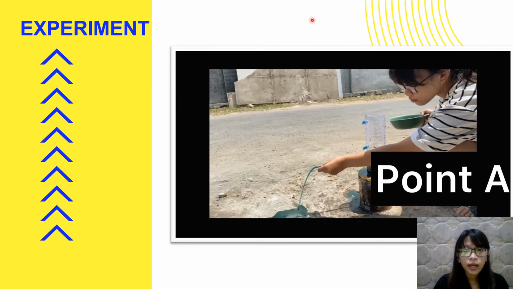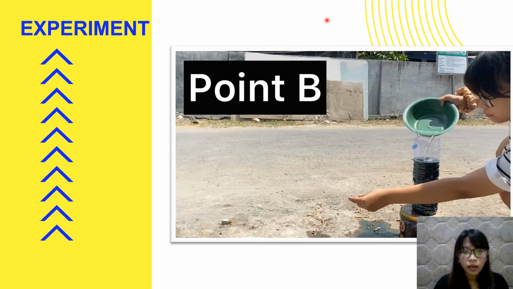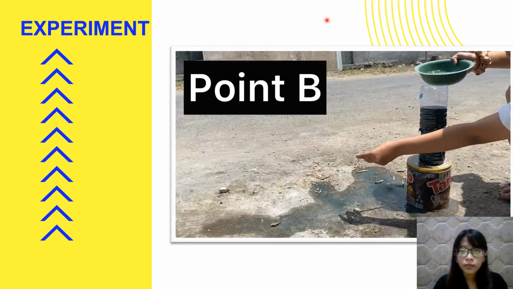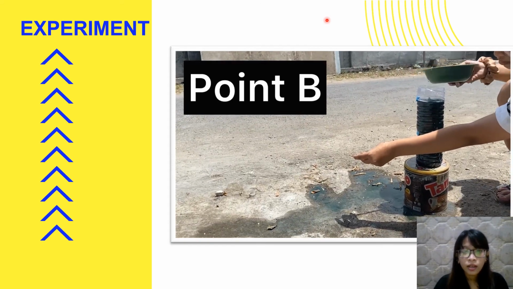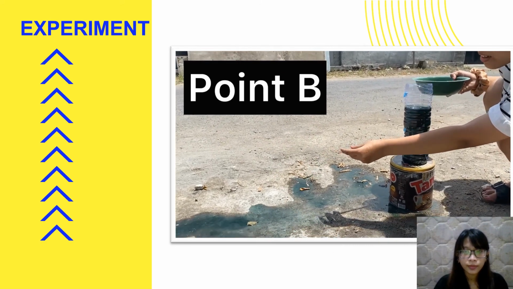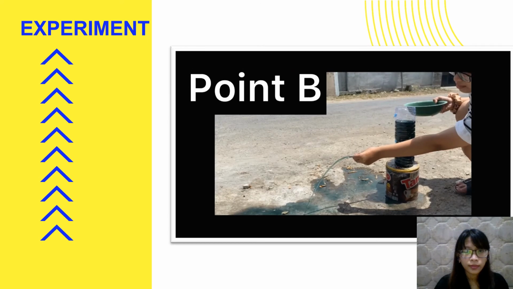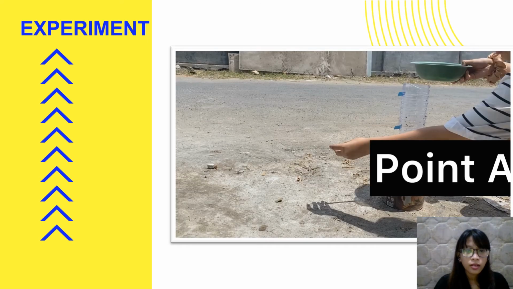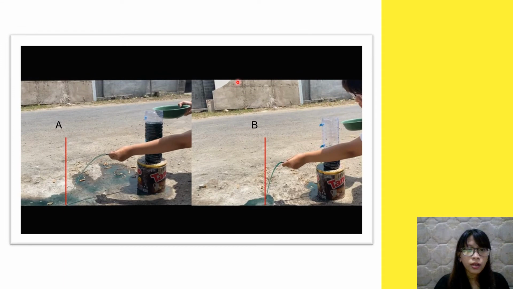And then I have to do the same thing for point B. I also have to observe the behavior of the water flow at the end from point A and also point B, like this. So here is the comparison for the water flow resulting at point A and also at point B.